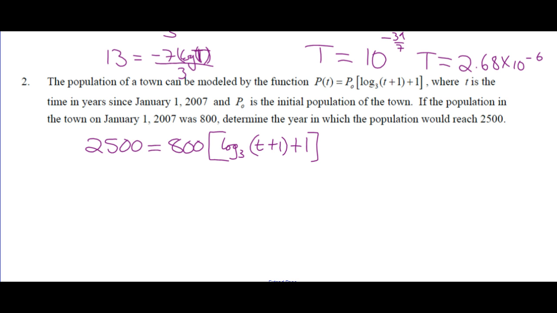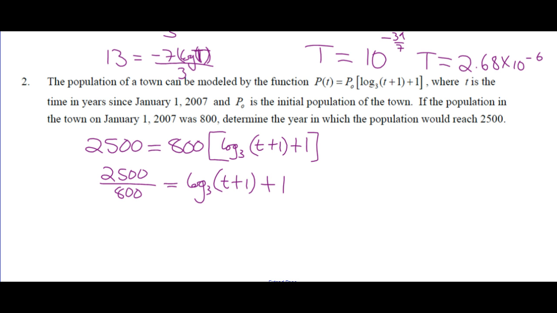We're trying to solve for t. What's the first step if I want to isolate the t? Divide both sides by 800, right? So 2,500 over 800 is equal to log base 3 of t plus 1, plus 1.